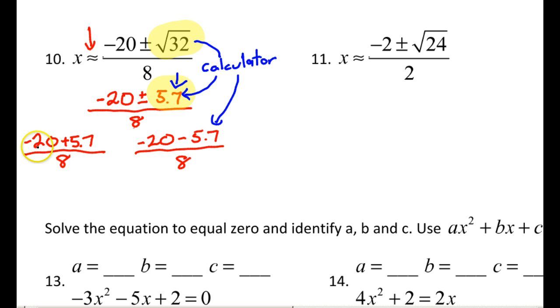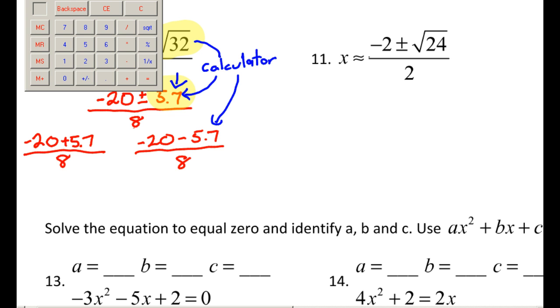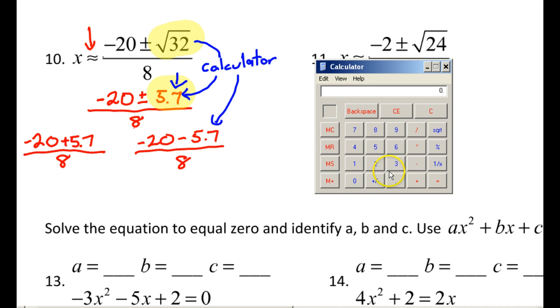So let's do this one. Negative 20 plus 5.7. Let's do this. So I got negative 20 plus 5.7 equals negative 14.3.